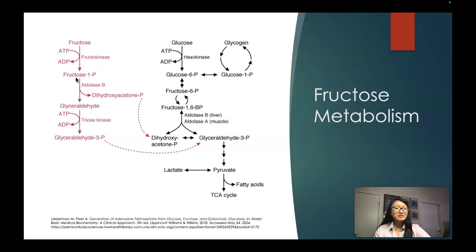This leads to a decreased amount of intracellular phosphate and ATP available, which will stimulate the degradation of AMP to inosine monophosphate, or IMP. And this is done by the enzyme AMP deaminase. As a result, the rate of purine degradation increases, leading to increased production of uric acid.